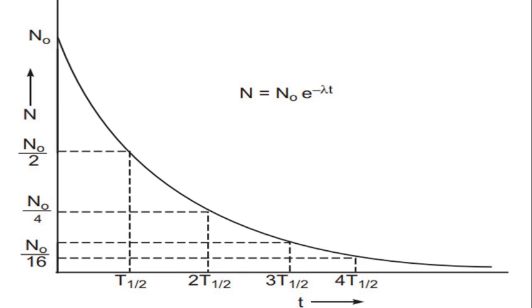So after n half-lives, it will be N0 by 2 raised to n. The number of nuclei remaining after n half-lives is N0 by 2 raised to n. So that's why we are saying the decay of a radioactive nucleus is a statistical process.